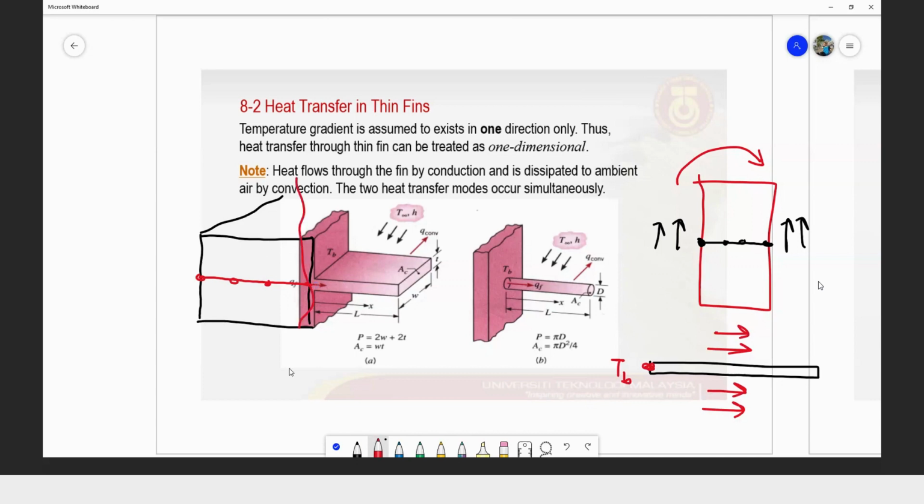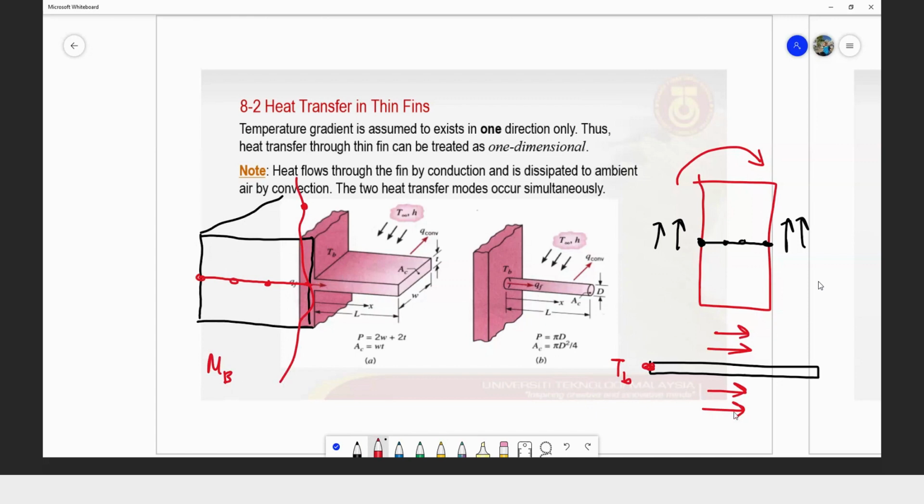This is our main body, from which we want to release the heat. That means we know the temperature on the surface of the body. You can take a thermometer, put it there, and you know the surface temperature of the main body. So this is represented by the temperature of the base, or the surface of our body.